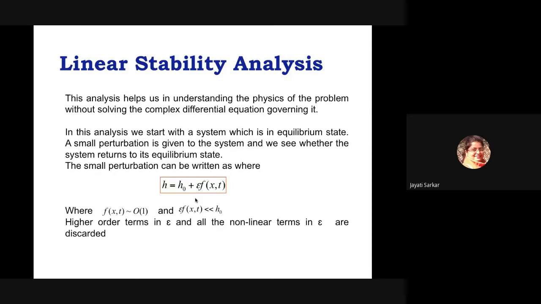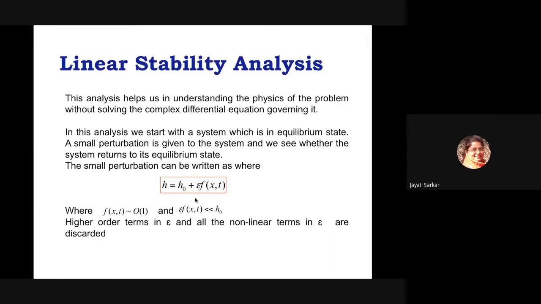Linear stability analysis gives a lot of understanding of the instability in the system. Of course, it does not give you the real life scenario because it's a linear analysis, and you have seen that the actual equations are totally non-linear. We will also see certain cases where the linear stability analysis does not give you any result about what the actual real situation is, but it helps to understand the system.